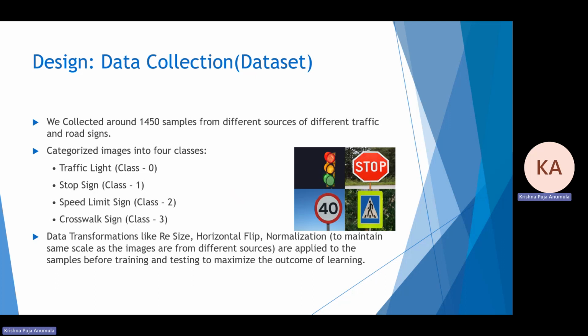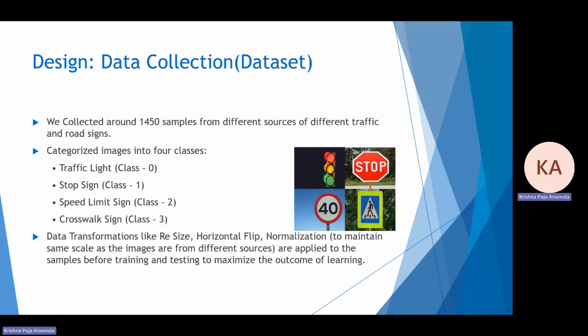Then we apply a few data transformations like resizing, horizontal flip, and normalization. Since we collected the images from different sources, we do this normalization so that all the images are on the same scale. We apply these transformations before training and testing so that we can maximize the outcome of the learning.